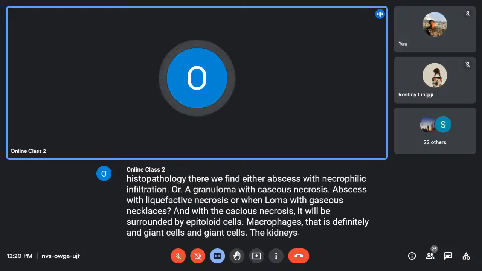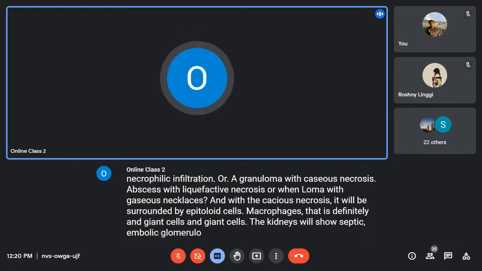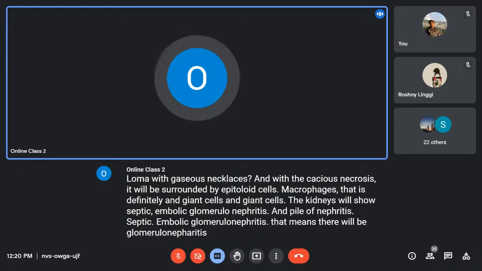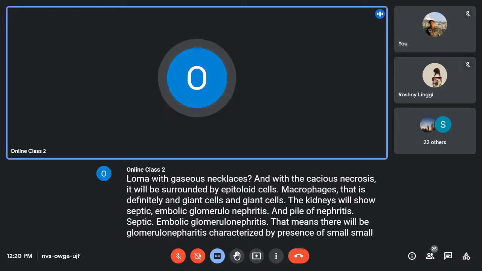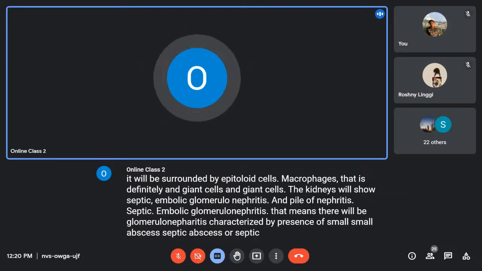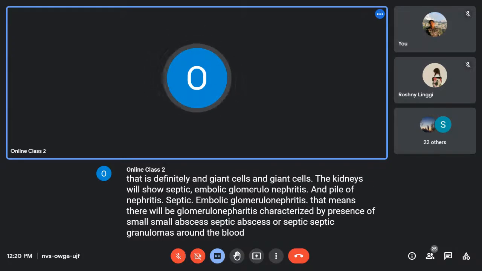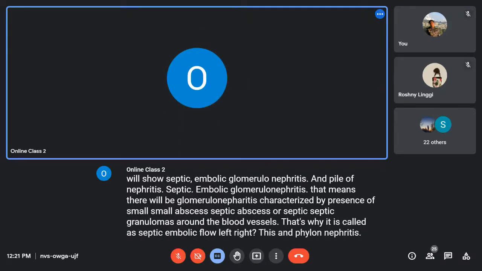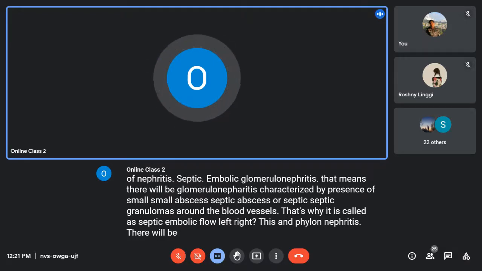The kidneys will show septic embolic glomerulonephritis and pyelonephritis. That means there will be glomerulonephritis characterized by the presence of small abscesses, septic abscesses or septic granulomas around the blood vessels. That's why it is called septic embolic glomerulonephritis and pyelonephritis. There will be interstitial pneumonia.